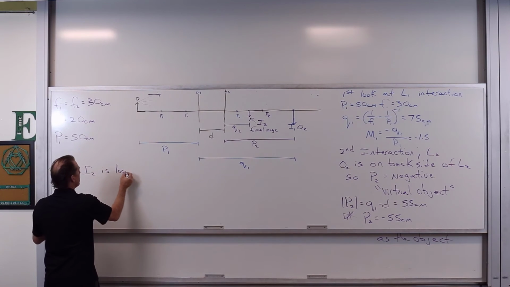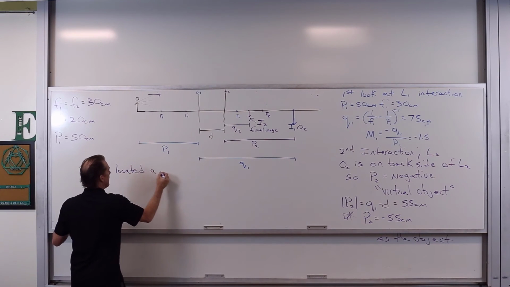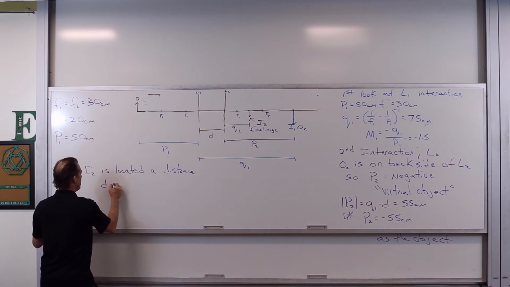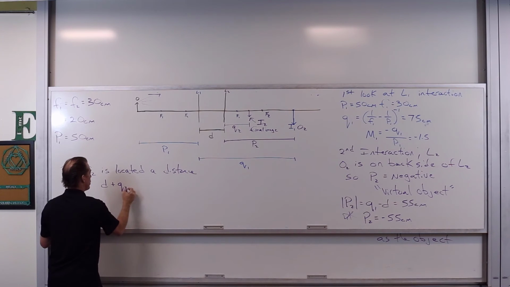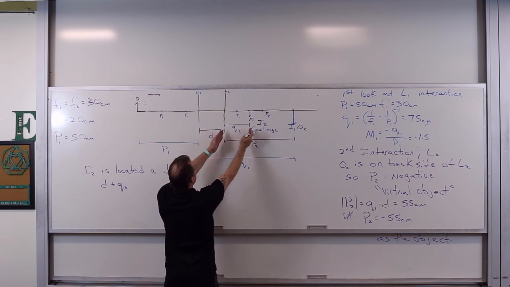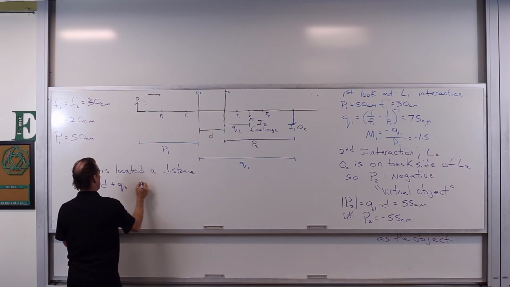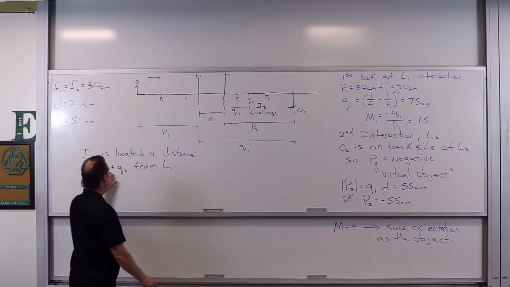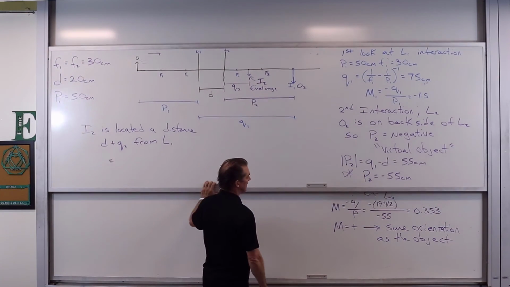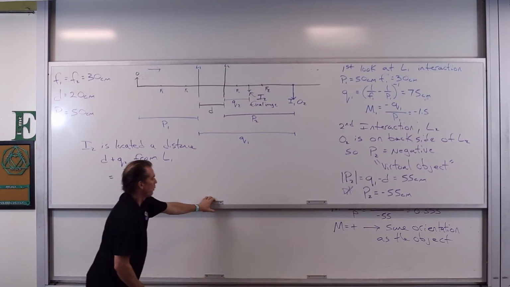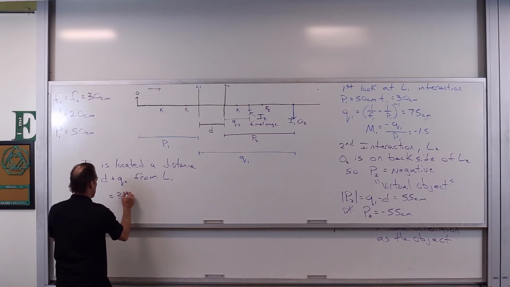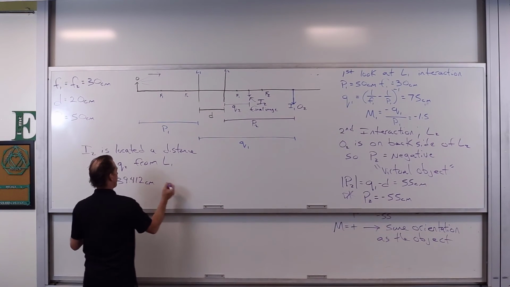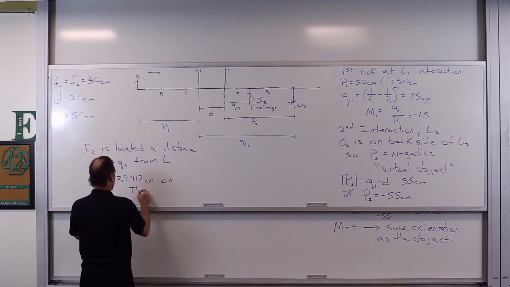I2 is located the distance D plus Q2 from L1, which is equal to 20 centimeters plus 19.412, 39.412 centimeters on the back side.